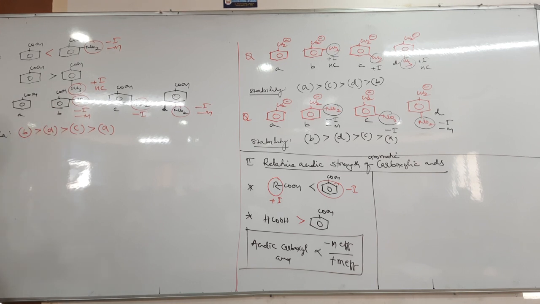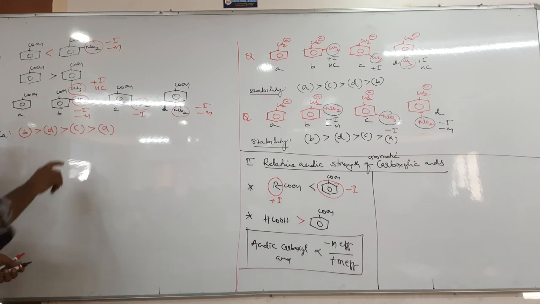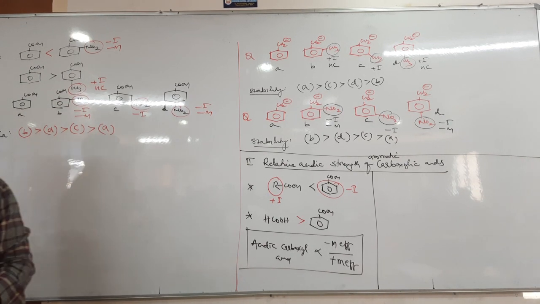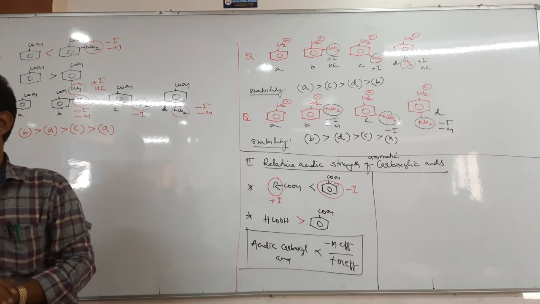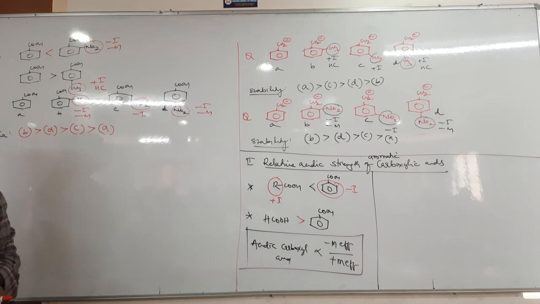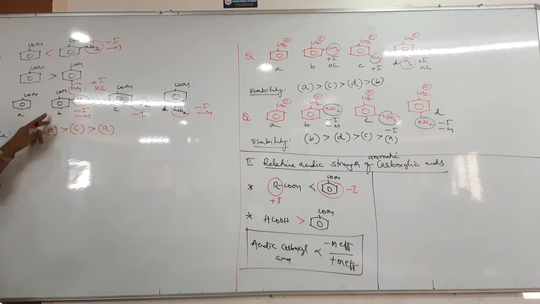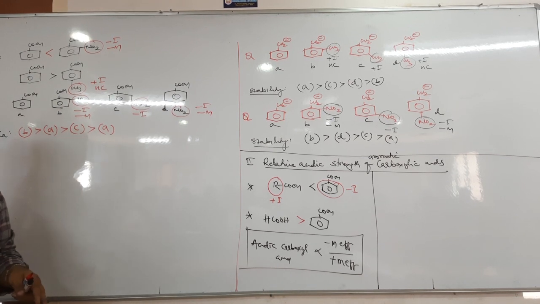In this order, orthonitrobenzoic acid is more acidic. Not only because of minus I and minus M, there is one more effect called the ortho effect. In case of aromatic carboxylic acid, there is an ortho effect. What is the ortho effect? An ortho substituted benzoic acid is more acidic compared to benzoic acid, irrespective of the nature of the substituent.